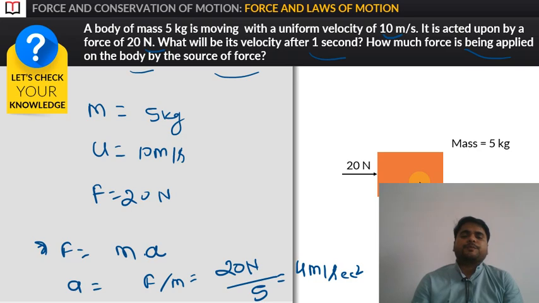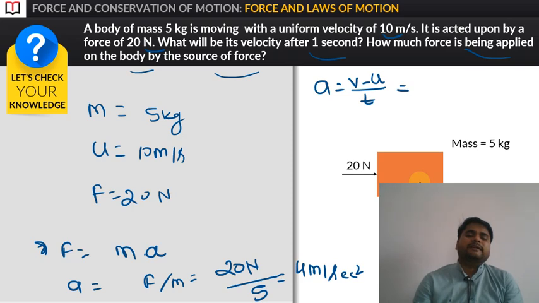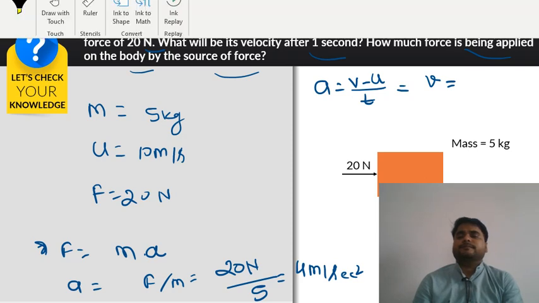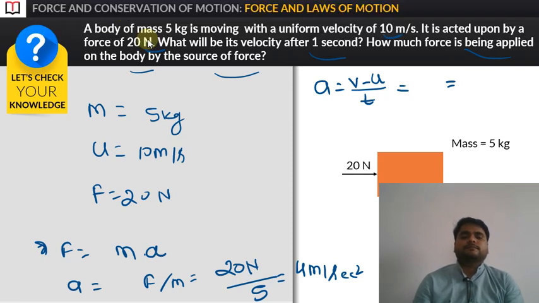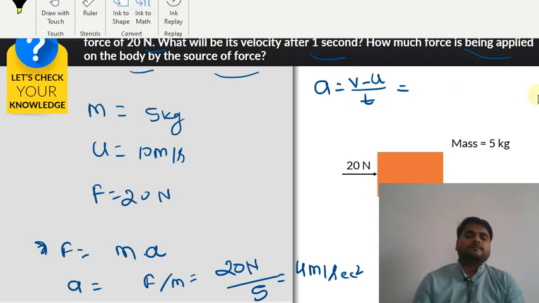Now we have to find the velocity after 1 second. We know that acceleration is equal to final velocity minus initial velocity upon time. Here the final velocity we have to find, and the initial velocity is given as 10.